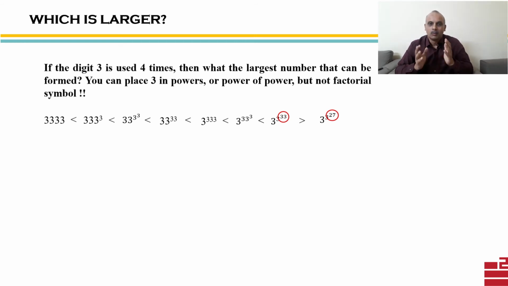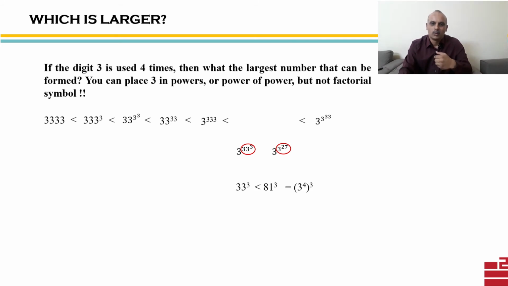Therefore we have to now compare the other two, 3 to the power 33 cube versus 3 to the power 3 to the power 27. To compare these, we take them out separately and we again see the powers. In the powers we realize that 33 cube is less than 81 cube. So we get finally 3 to the power 12, which is less than 3 to the power 27. And therefore, the order is now defined.